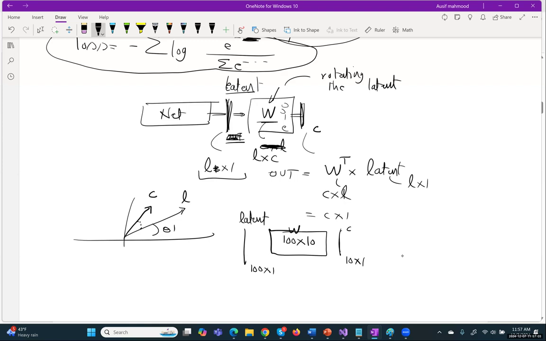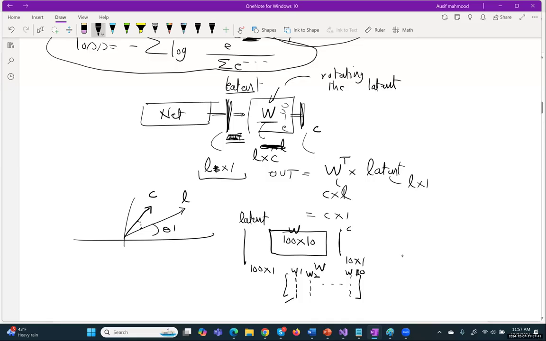There are 100 rows and 10 columns. So if you take a look at W, let me call these W1, W2, and W10.